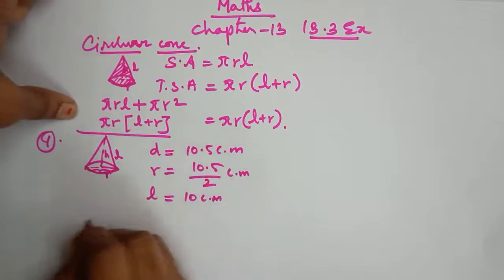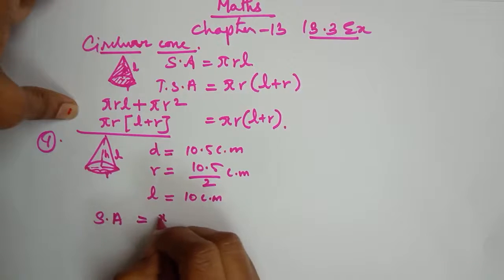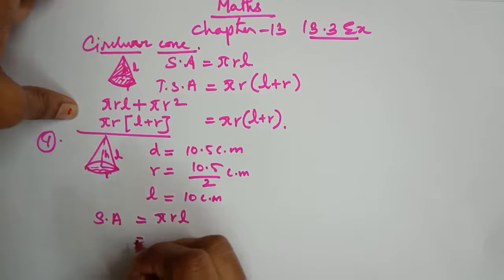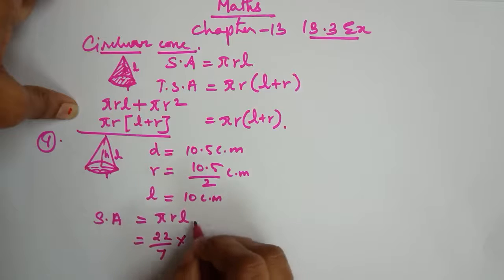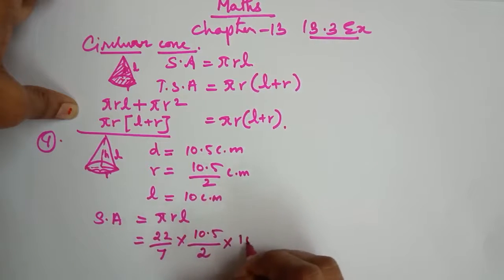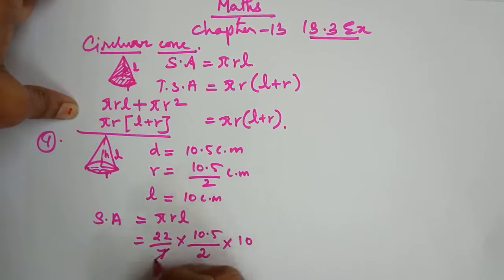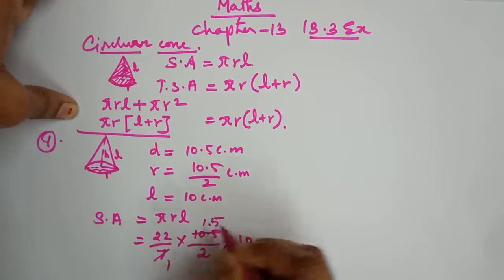This is very easy. So curved surface area or surface area is equal to, what is the formula? Pi r L. So here pi is 22 by 7 into r, 10.5 divided by 2, into L, 10. 7 ones are 7, 7 ones are 7, 7 fives are 35, so 1.5.